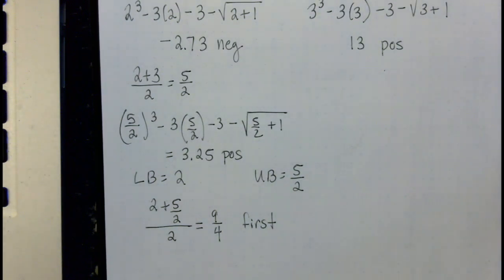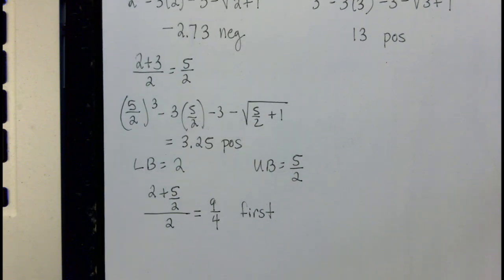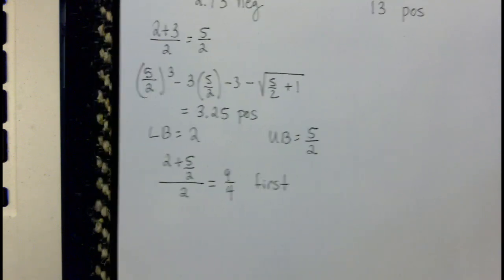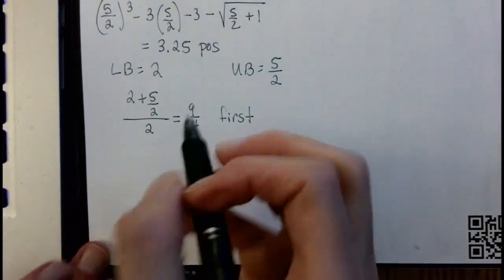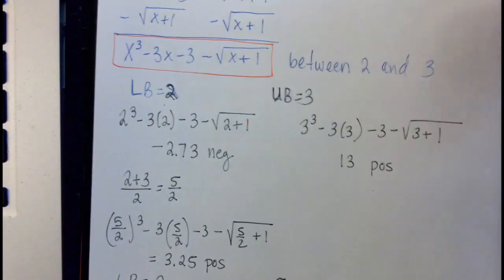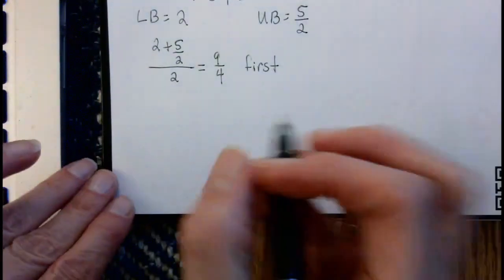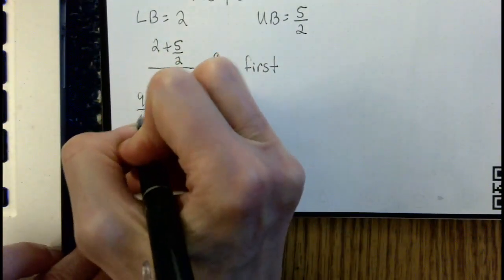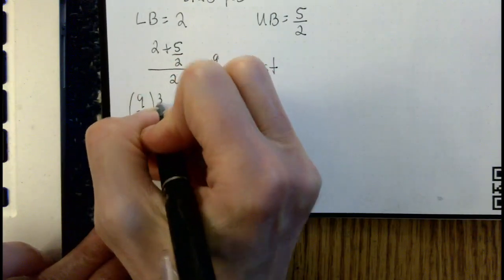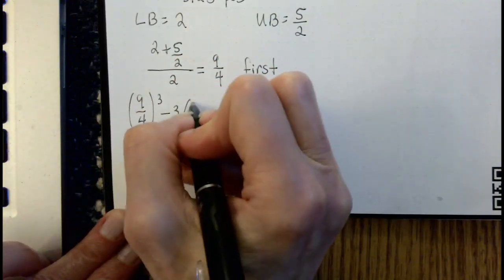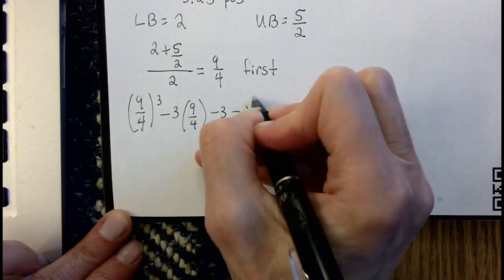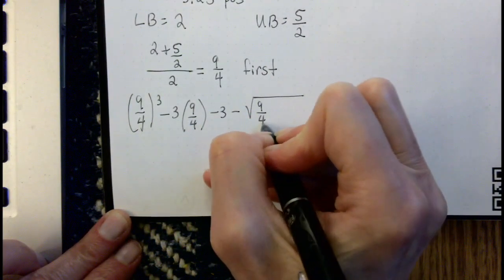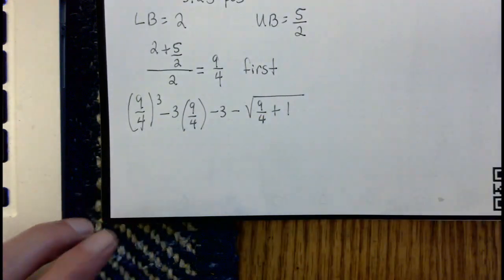And now we're going to use that 9/4 to come up with our next value here. So we're going to put the 9/4 back into the red equation. So it's going to be 9/4 cubed minus 3 times 9/4 minus 3 minus the square root of 9/4 plus 1.